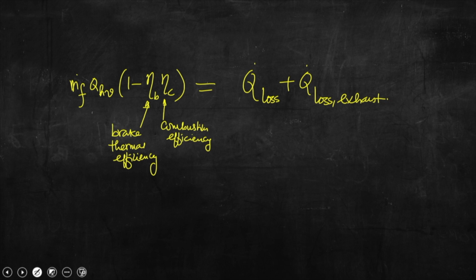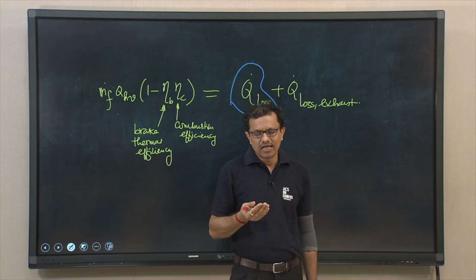Now, this fellow has 3 sub components. So, that means this part is loss of energy through exhaust gases.